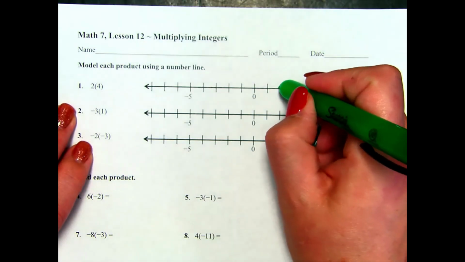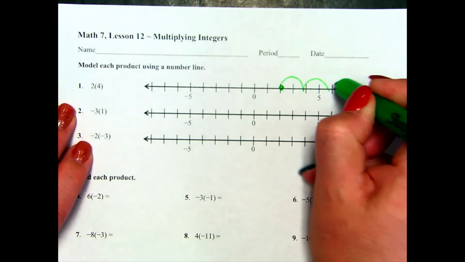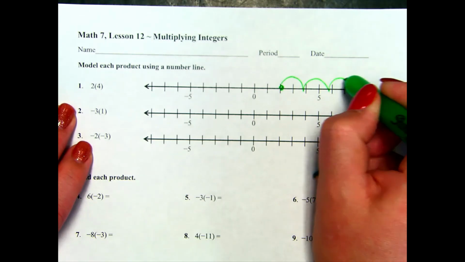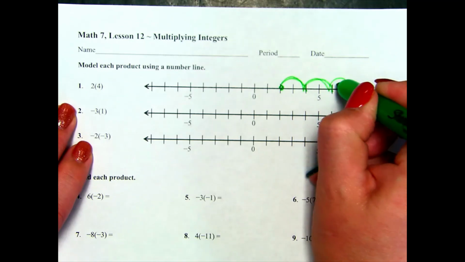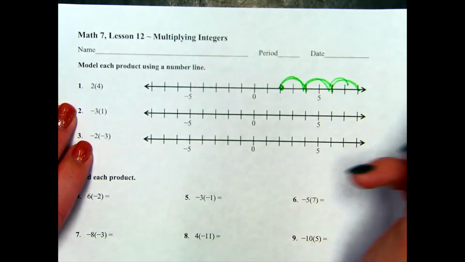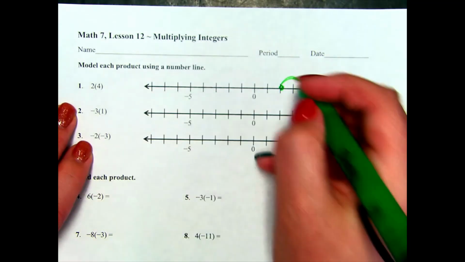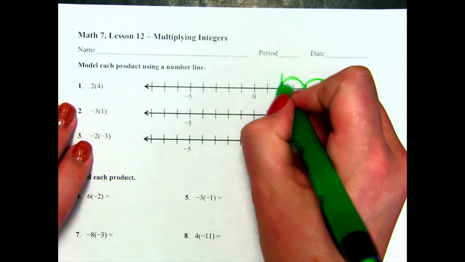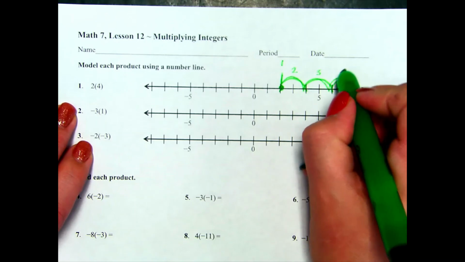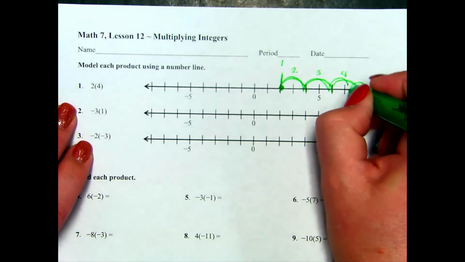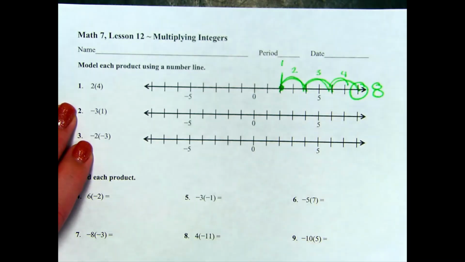So I'm going to go 1, 2, there's 1, there's 2, there's 3. Okay, and because 2 by itself is just 2, I'd start here as my 1, then I'd go to 2, then that would be 3, and here would be 4. So my answer would be 8.